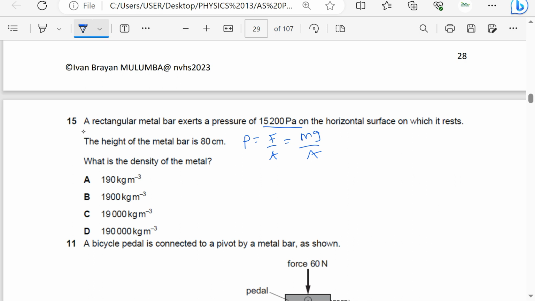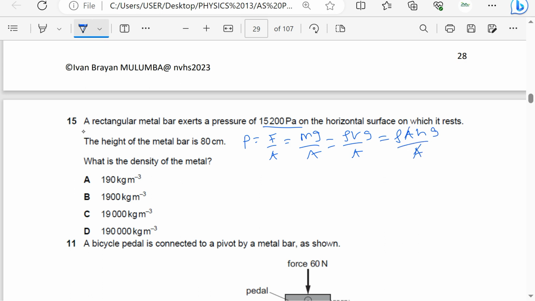Of course, we know that the mass is density times volume, so this would be density times volume times g over cross-sectional area. The volume is cross-sectional area times height. So this would be density times cross-sectional area times height times g over A. So the area cancels.